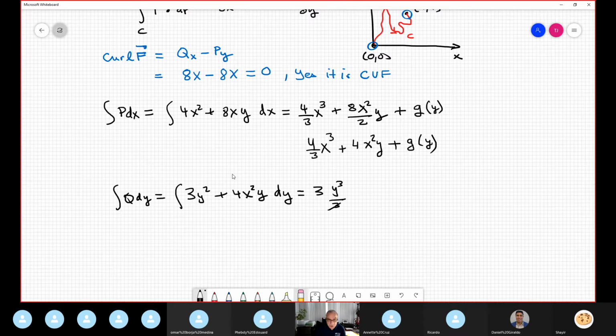Oh, by the way, this 3 is cancelled, why not? Plus 4 x squared is a constant, and this is y squared. Wait, why? Sorry, let me correct a mistake.